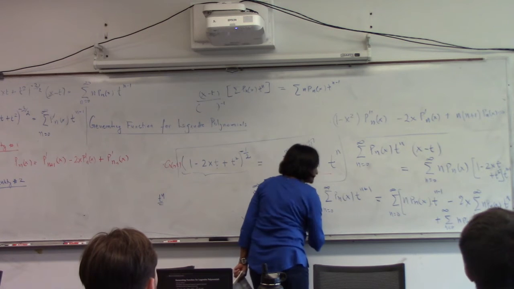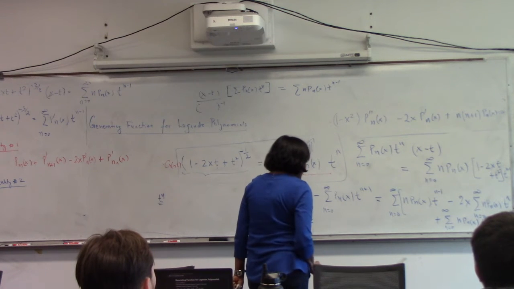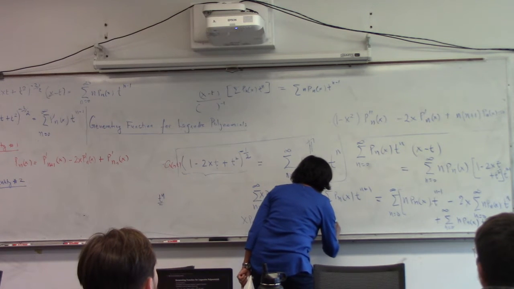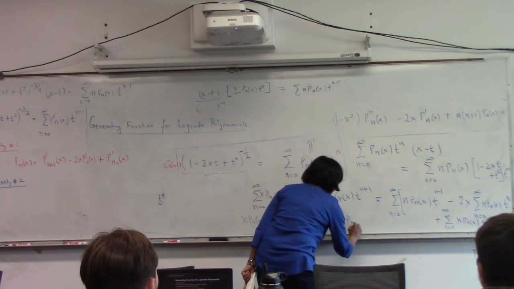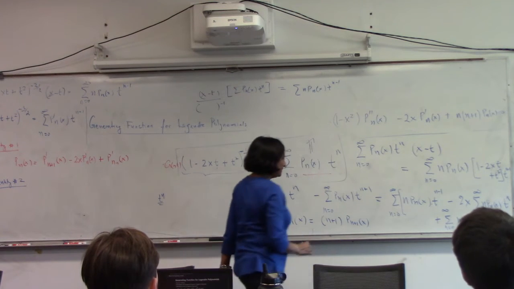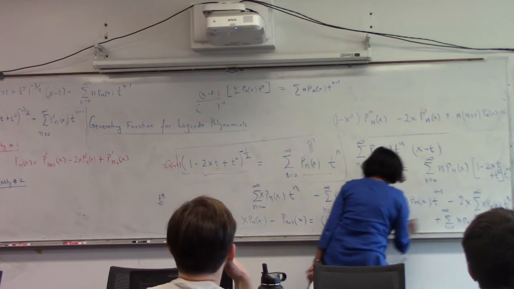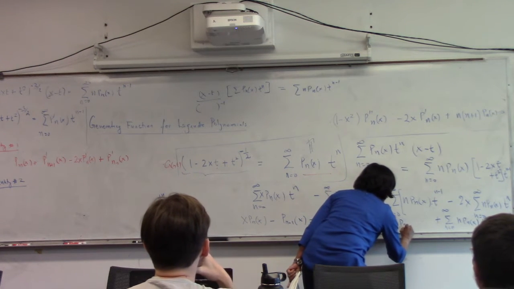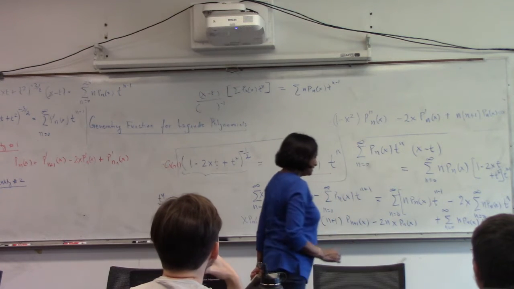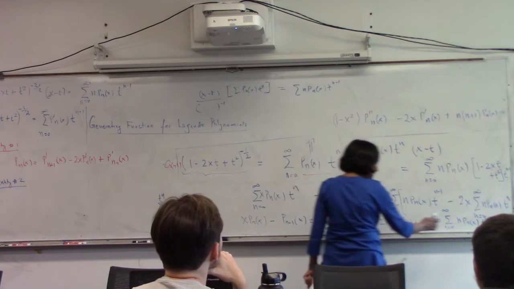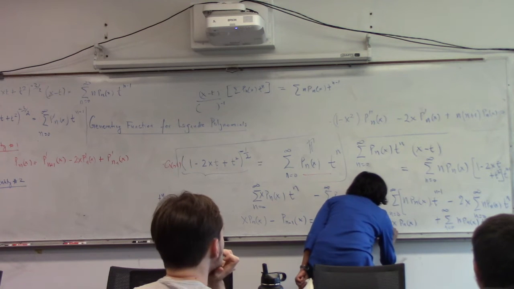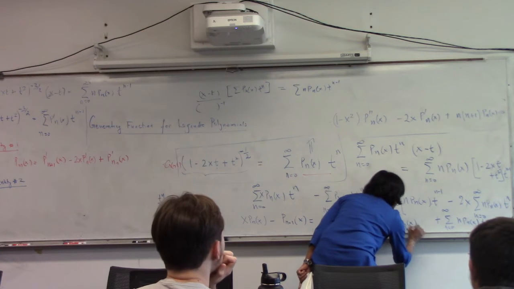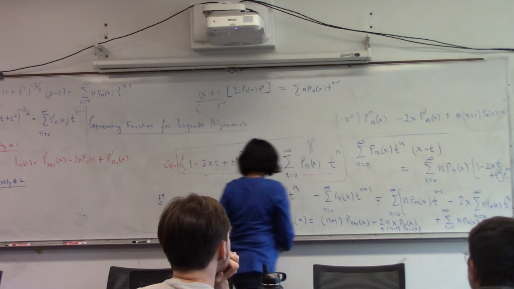And my right hand side, this one will become n plus 1, p sub n plus 1 of x I have. And this one will be the same thing, minus 2n x p sub n of x, alright? And the last term, I have to make n to n minus 1. So the last one will be n minus 1, p sub n minus 1 of x, because I'm comparing the coefficient of t to the power of n.